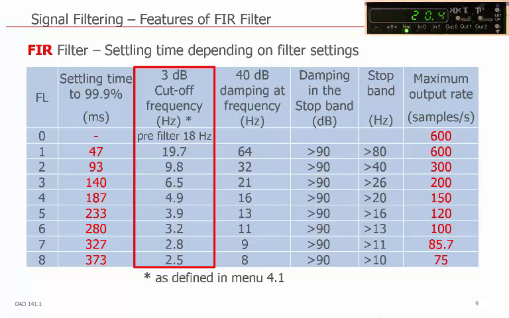This cutoff frequency can be too high for a calibration with test weights. The columns 40 dB damping and damping in the stop band show there is less attenuation compared with an IIR filter. In the right column, maximum output rate, you can see the output rate decreases with a lower cutoff frequency of the FIR filter setting.